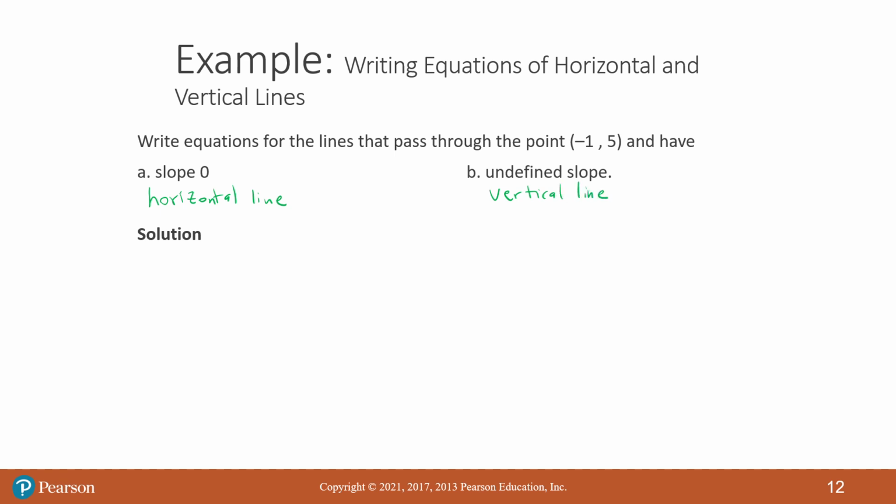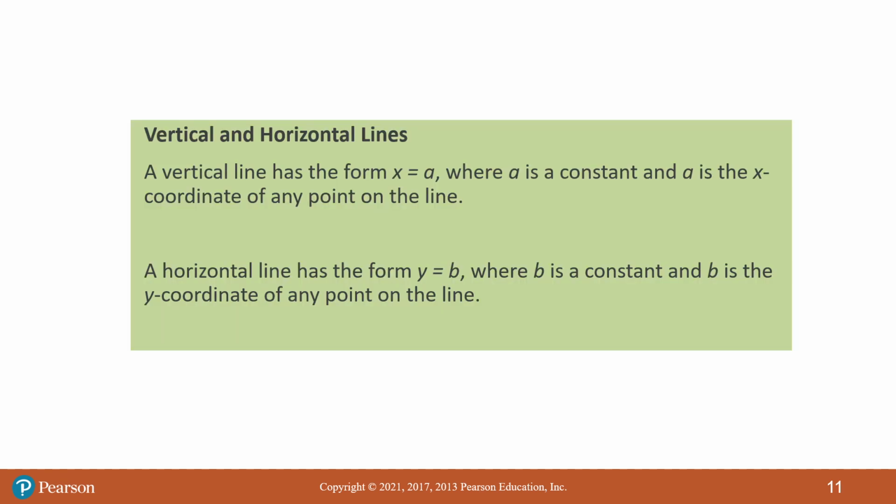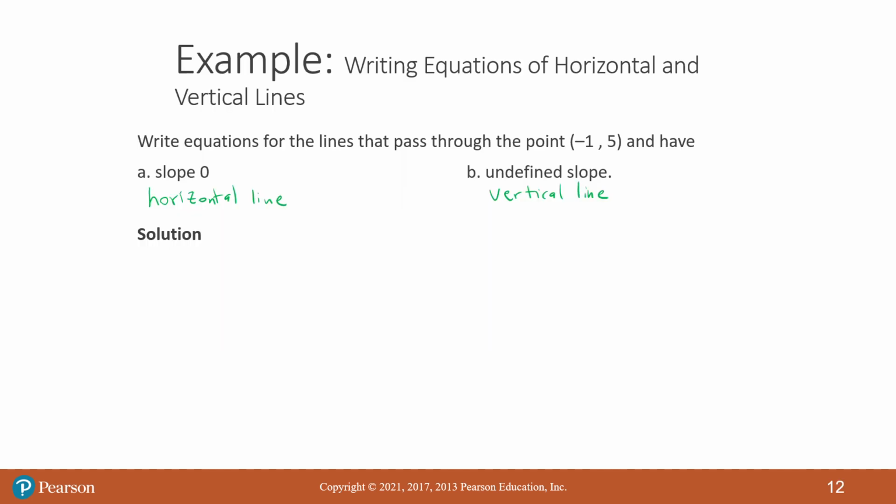Now, if we use what we learned with our definitions, a vertical line has the form x equals a, and a horizontal line has the form y equals b, where b is the y-coordinate of any point on the line. If it has a slope of 0, it's a horizontal line.